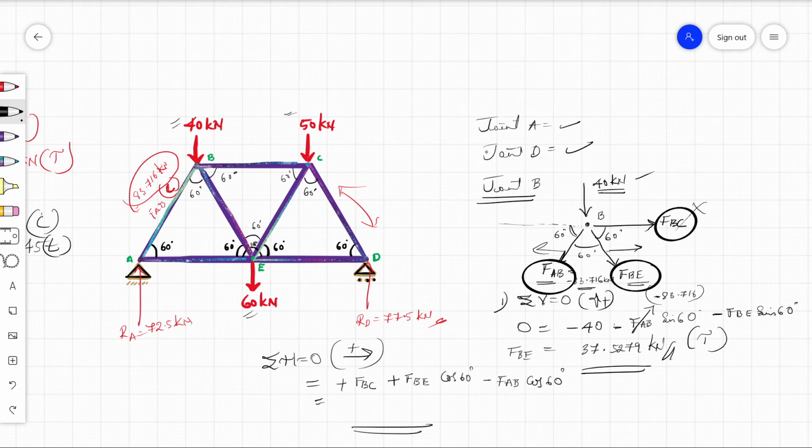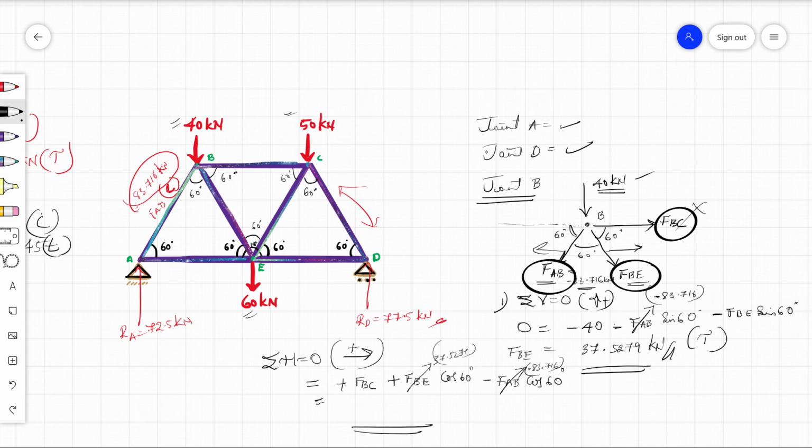Once it is done, we already know the value of FAB, that is minus 83.716, and the value of FBE, that is 37.5279.